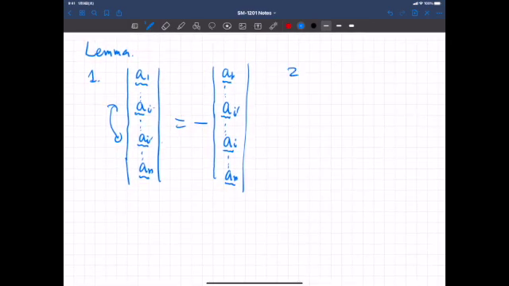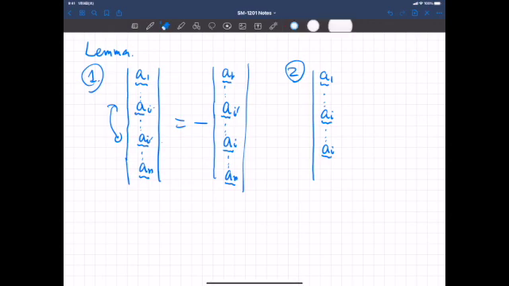And second part: if two rows are the same, so if we have a_1 and so on, and at some point we have a_i, and at some point we have another row with exactly the same values as this row, then the determinant is 0.